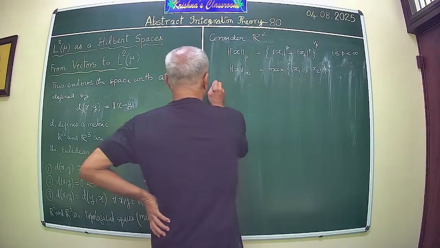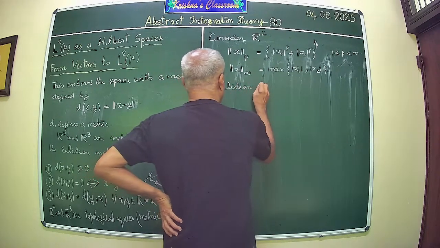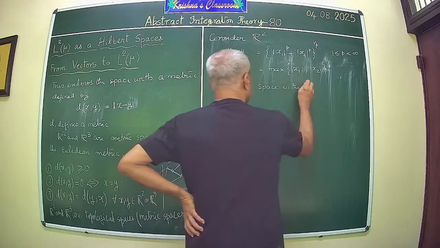So the Euclidean norm is the special case.